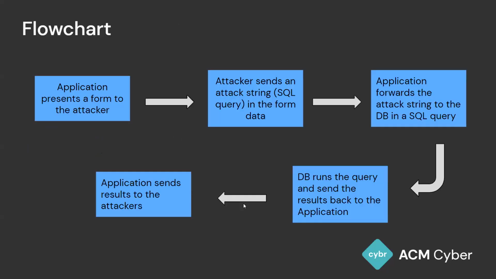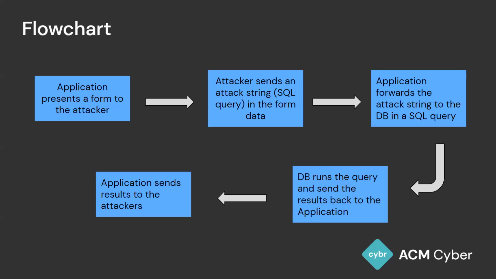So I thought this visual would be nice to understand how an injection itself would occur. For example, your application presents a form to the attacker, right? And then the attacker sends an attack string, which could be a SQL query in the form of data. Usually mitigation techniques are not in place. For example, if input validation was in place, this would not be possible because special characters like single quotes can't be processed.